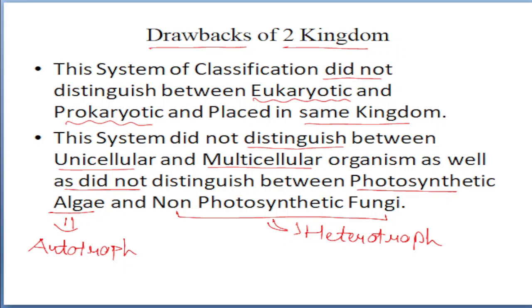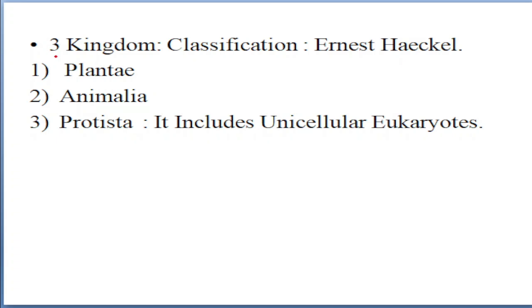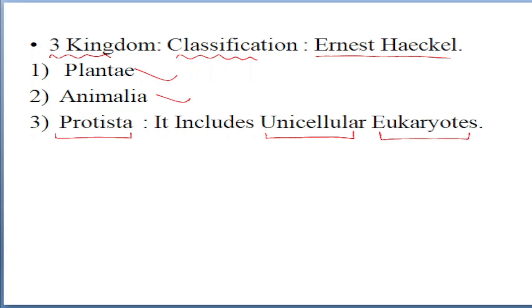Further, a three kingdom classification came into existence, and this was explained by Ernest Haeckel. Now he classified Plantae, Animalia, and he added the third kingdom, that is Protista. Protista means protozoa, and he included unicellular eukaryotes. Further, there was a four kingdom classification.